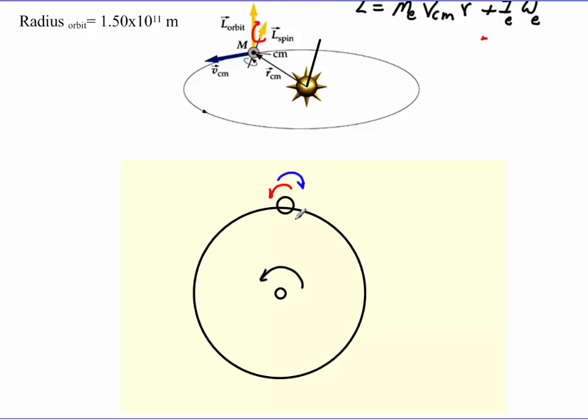So if this object's spinning this way, but it's also moving this way, it's going to take less torque to stop the object than if they're both basically going the same direction.